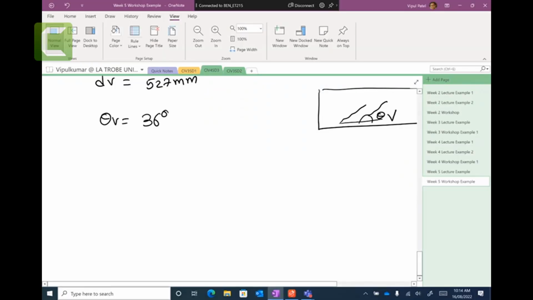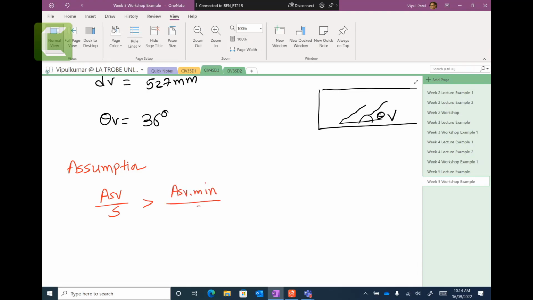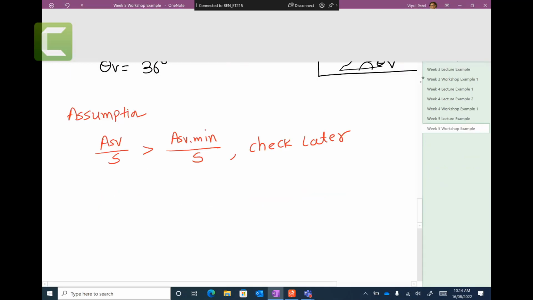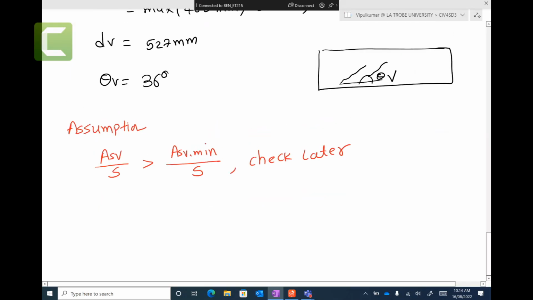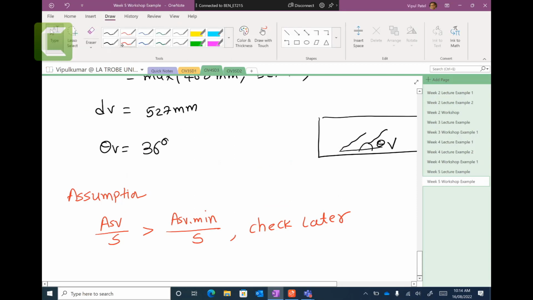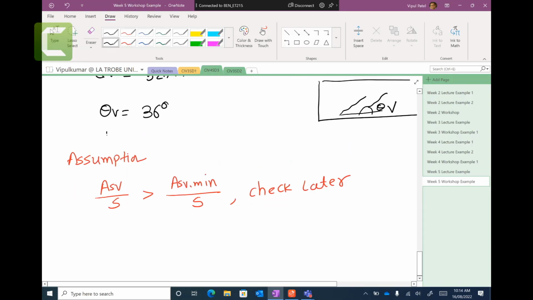So we make these assumptions, saying that ASV over S should be greater than ASV minimum over S. We are going to check this later. And in that case, kV equal to 0.15 as well.